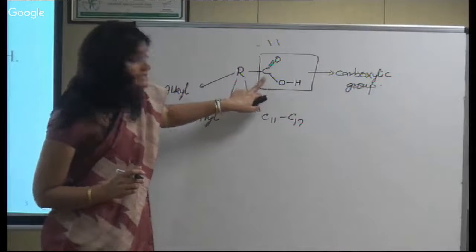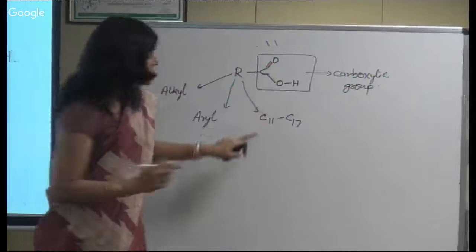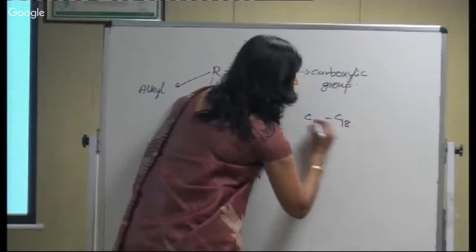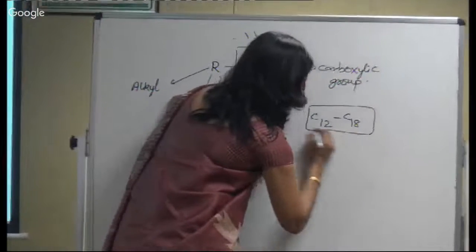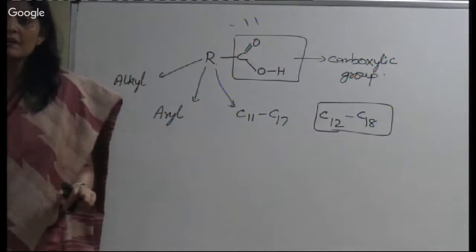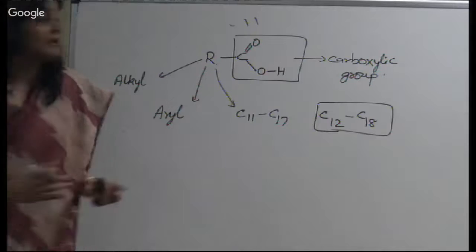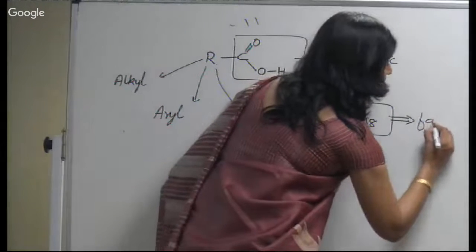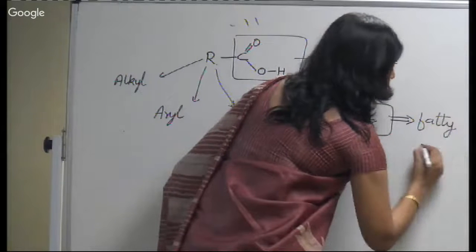If you include this carboxylic carbon also, it becomes C12 to C18. All those carboxylic acids are found to occur in nature. They are constituents of fats. That is why those carboxylic acids are also called fatty acids.